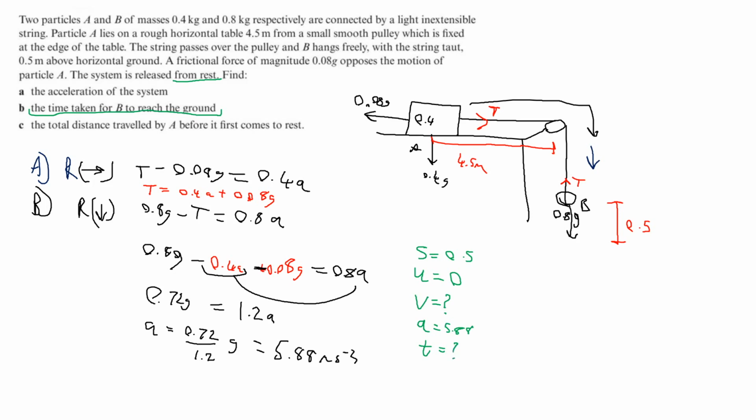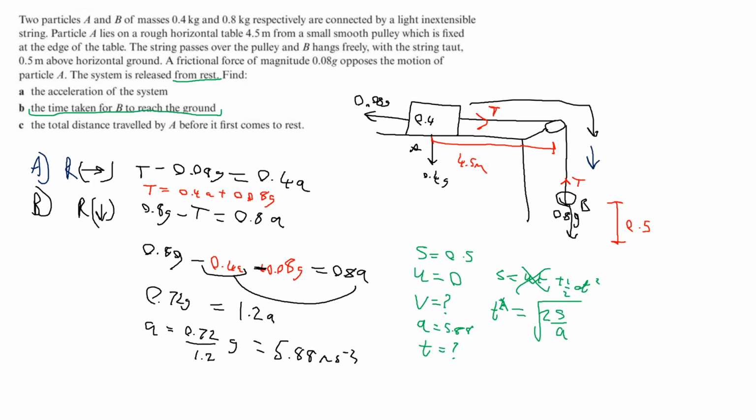So which equation are we going to use? s equals ut plus a half at squared. We know that u is 0. So if we make t squared the subject, t squared will be 2s over a. So therefore t is just the square root of that.